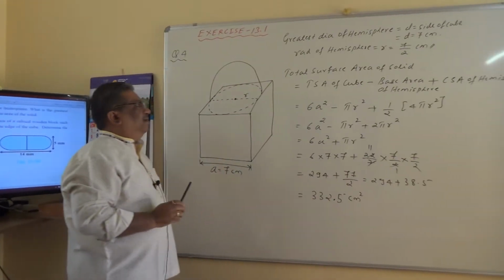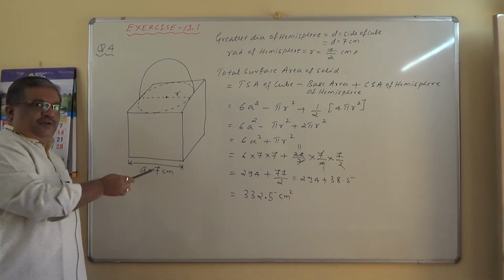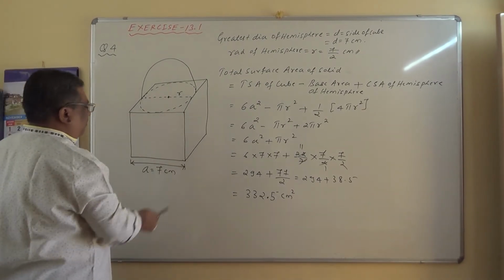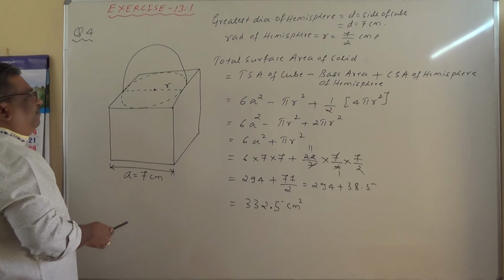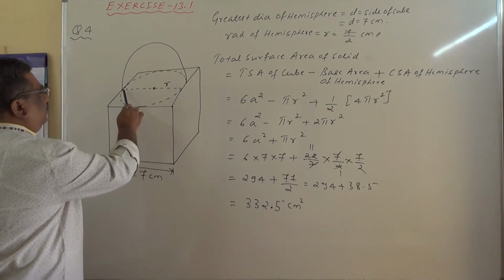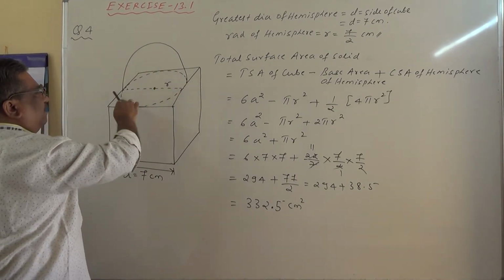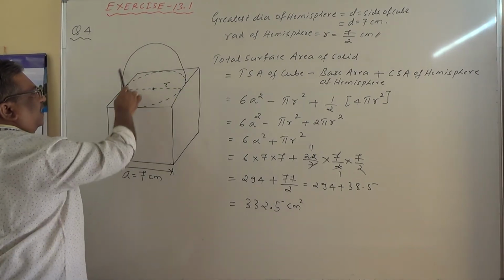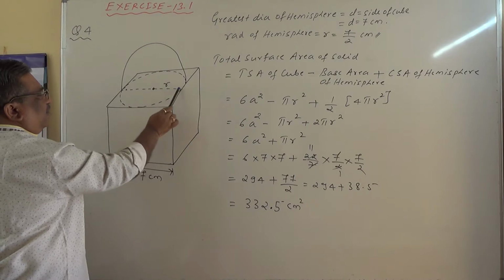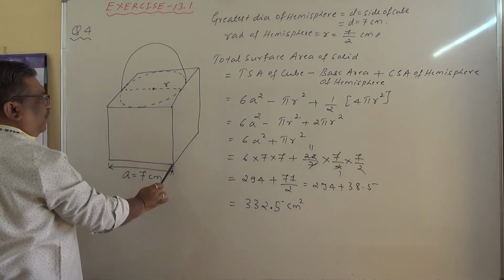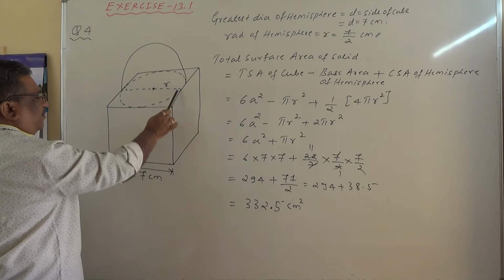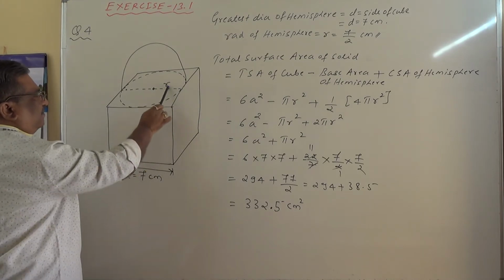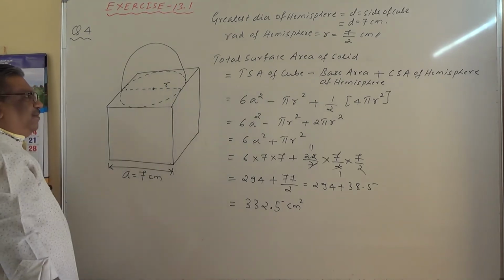So let us see here now. This is a cube of side 7 centimeter and a hemisphere is mounted on this cube. The greatest diameter that this hemisphere can have is, the diameter should be equal to the side here. So diameter of the hemisphere is 7 centimeter and radius of the hemisphere is 7 by 2, 3.5 centimeter.